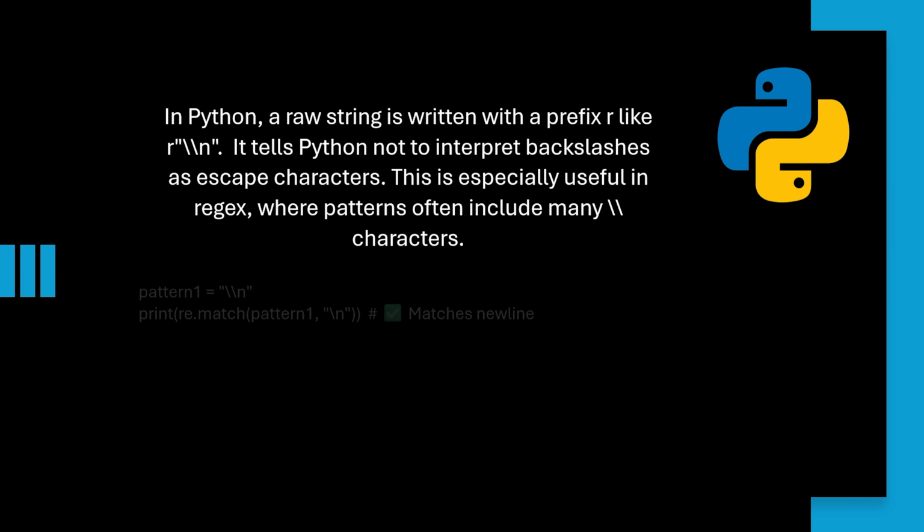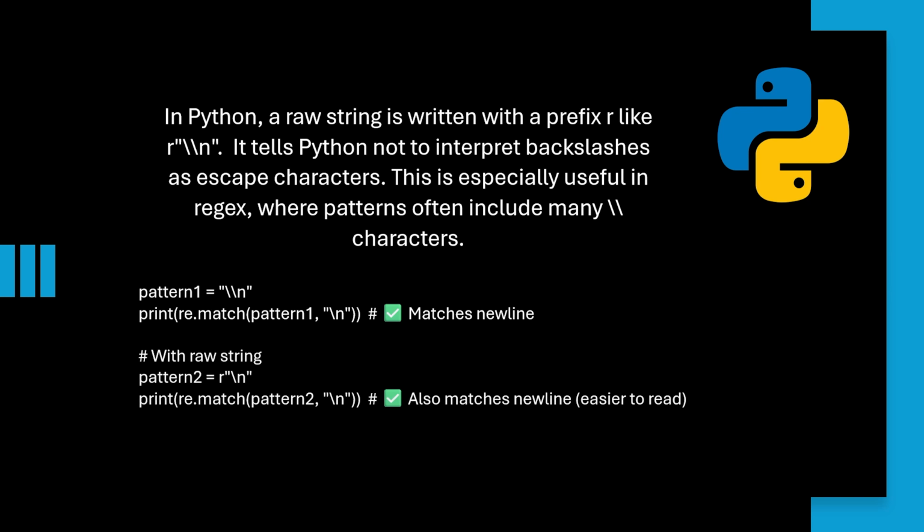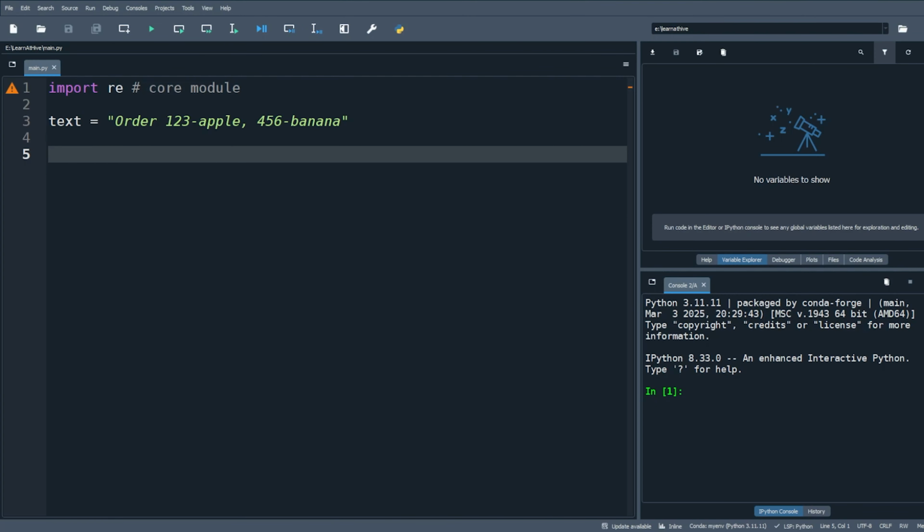For example, in this first one, it matches a new line in a string using double backslashes. And in the second one, it also matches, but it's easier to read. As you can see, it uses an r prefix just before the string inside double quotes. So let's start by learning re functions.